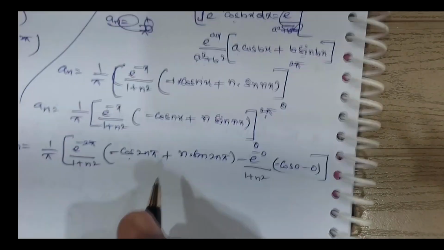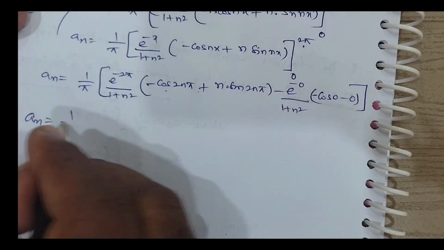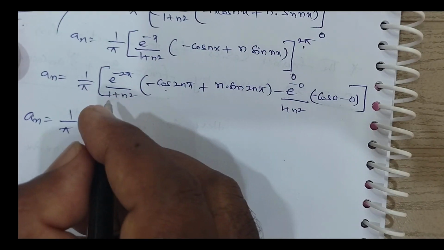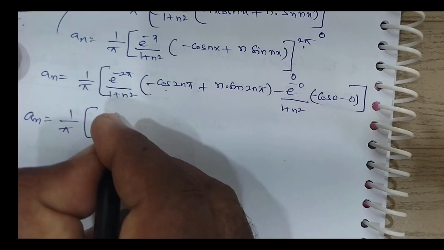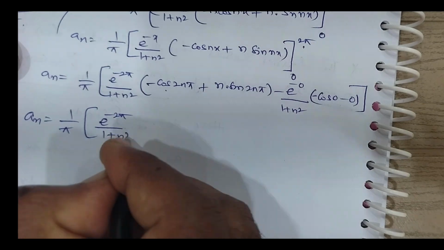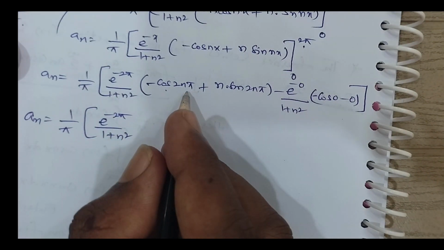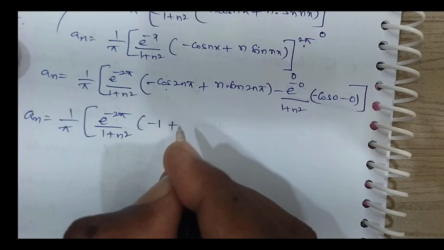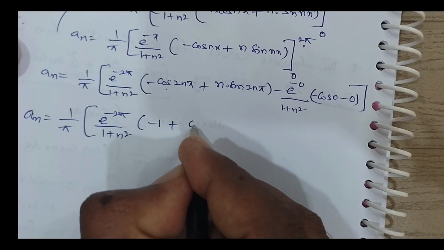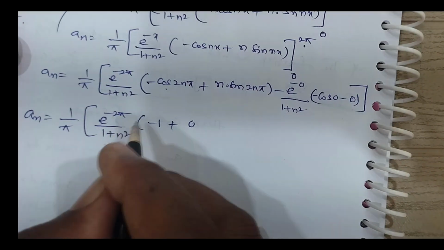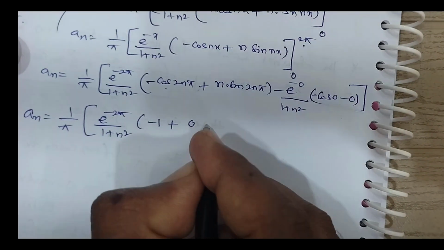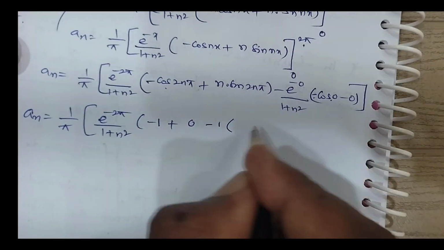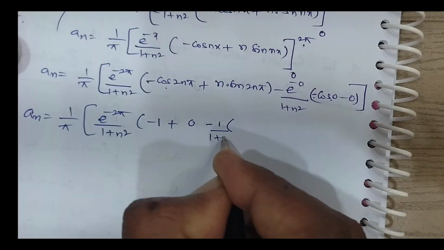So a n is equal to 1 by pi into e power minus 2 pi by 1 plus n square, cos 2n pi means 1, so that gives minus 1. Next sin 2n pi means 0. Next minus e power 0 means 1 into minus cos 0 means minus 1, over 1 plus n square.